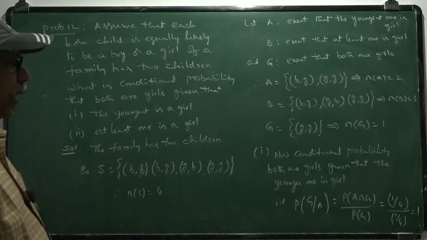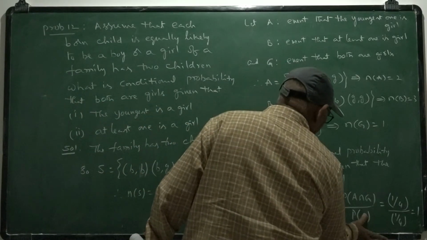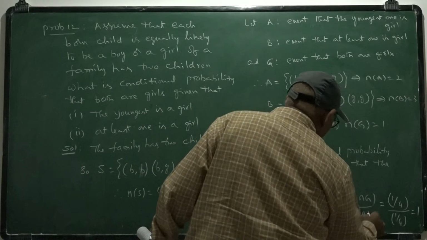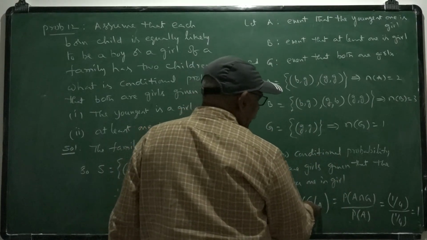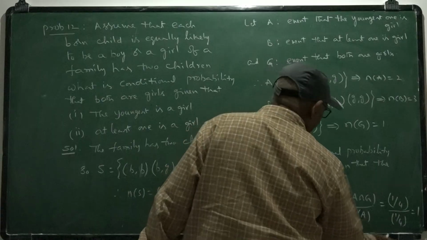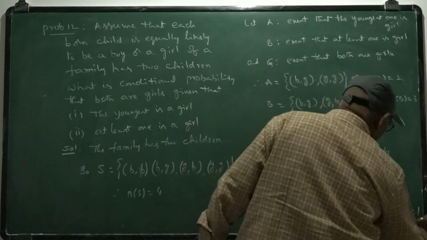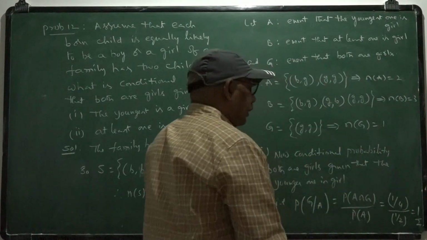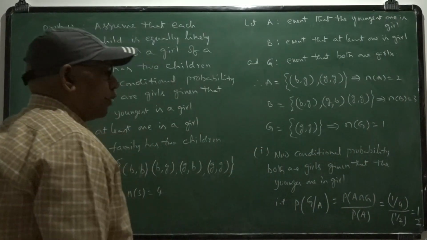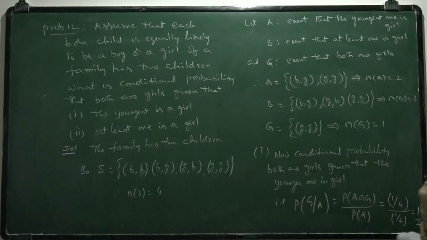Youngest one is girl means this is n of A, not G. So the conditional probability is probability of A intersection G by probability of A, the prior event. This is 1 by 2, which gives us 1 by 2. That is the probability of G on occurrence of A.